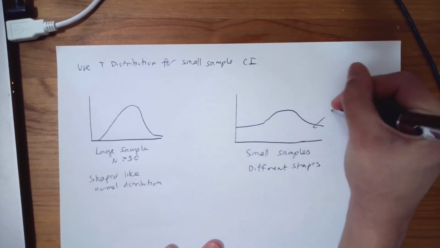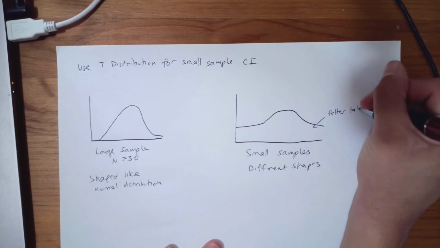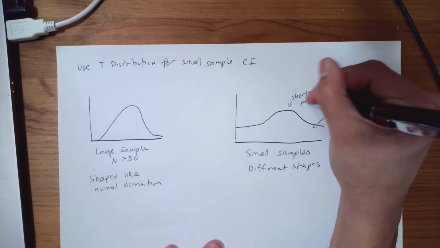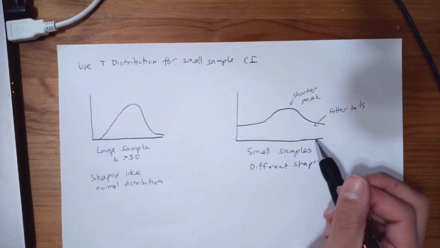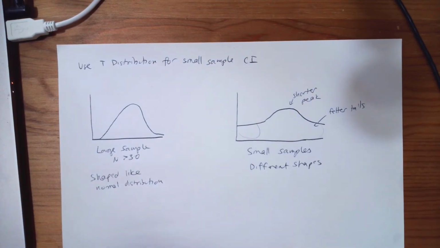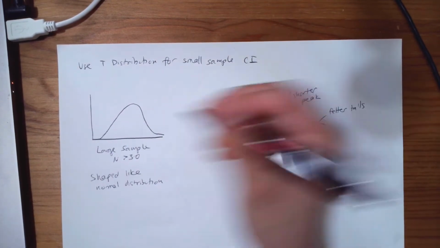They tend to have fatter tails and a shorter peak. So that means you have a greater probability of getting sample means that are out here or out here, and a lower probability of getting sample means that are close to your overall mean here.